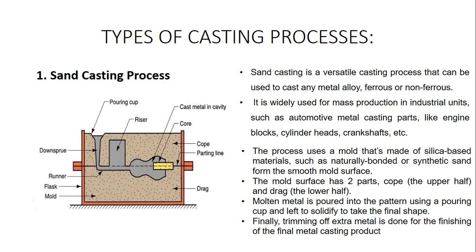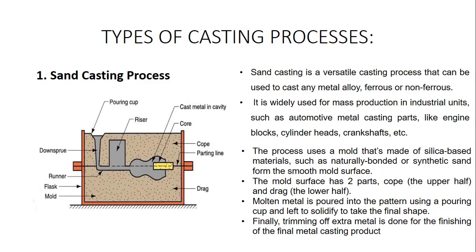From the diagram, it is quite understood that the process requires a pair of molds. One is considered to be a cope and the other one is considered to be a drag. The mold material is made of silica-based material with a smooth surface on the exterior part of the mold.